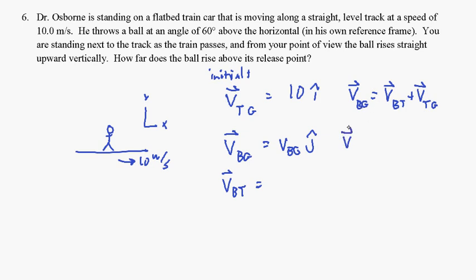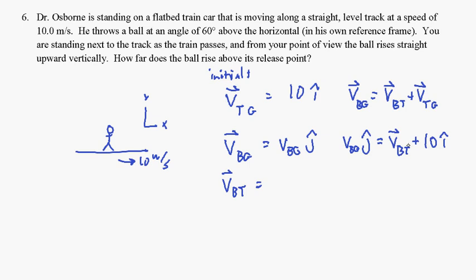Okay, and so our ball velocity with respect to the ground is entirely in the positive y direction. Our velocity of the ball with respect to the train we're going to get to in a second. And the train with respect to the ground is entirely in the i hat direction.